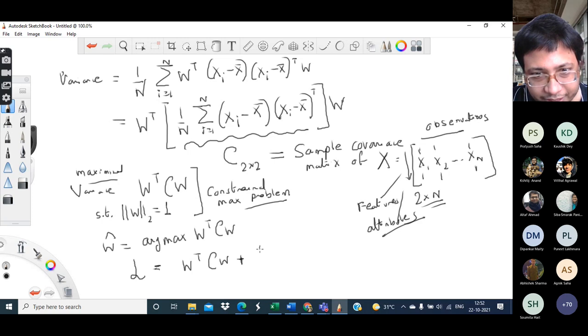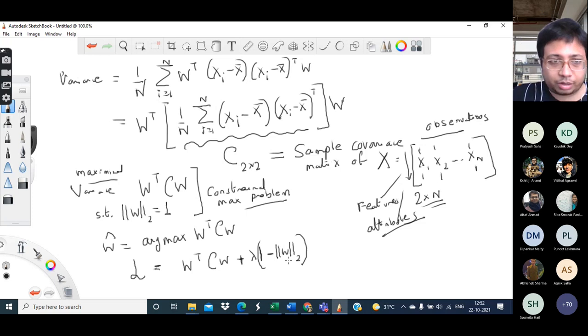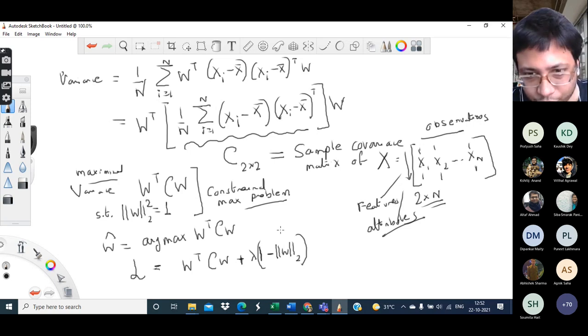The constraints I express in a particular form and add it with my objective function to get what is sometimes called the augmented objective function. Now, if the L2 norm is 1, then obviously the L2 norm square will also be 1, or rather if the L2 norm square is 1, then the L2 norm will also have to be 1. So I just put in a square here.